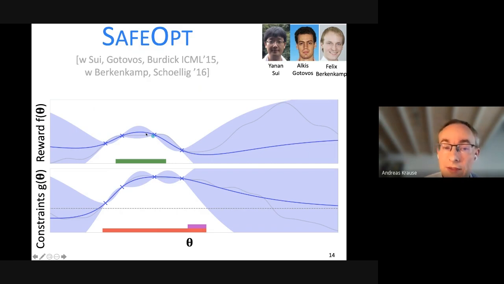Now, the trouble with this is that this way we wouldn't really explore enough, right? The optimistic estimate of a function constrained within this red region would be somewhere in here. So we have no incentive to actually explore the boundary, right? And go to regions of the parameter space that we previously didn't consider to be safe.